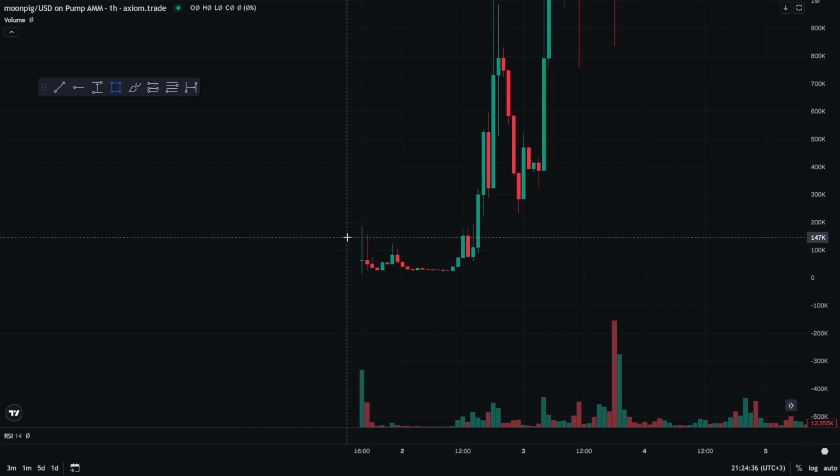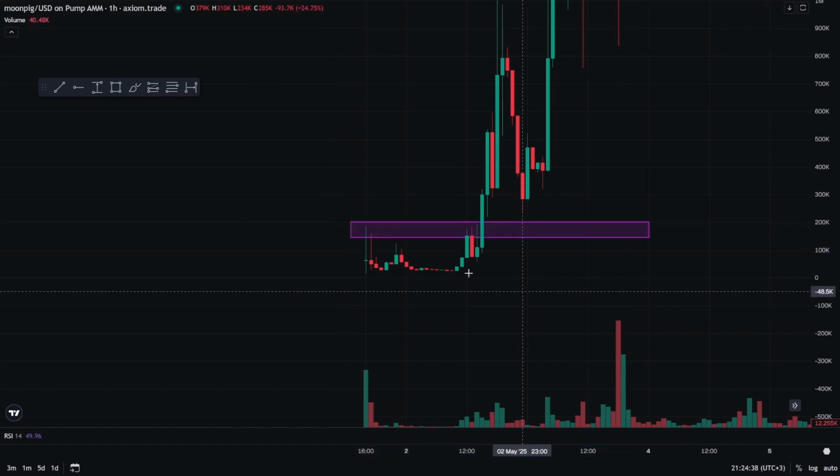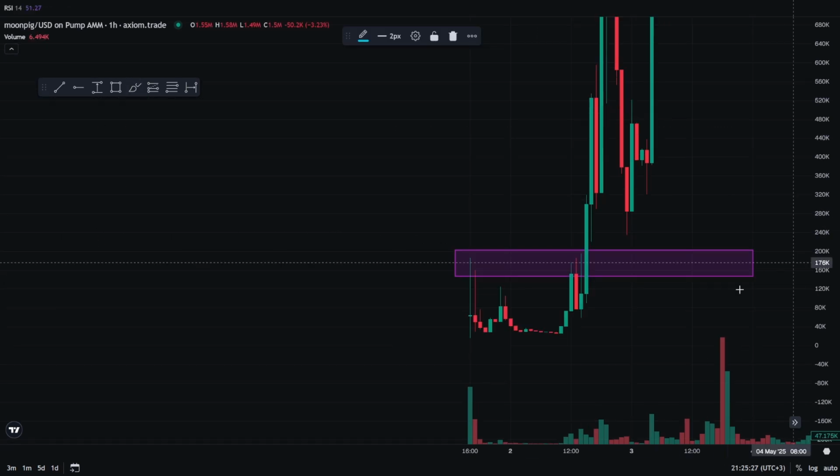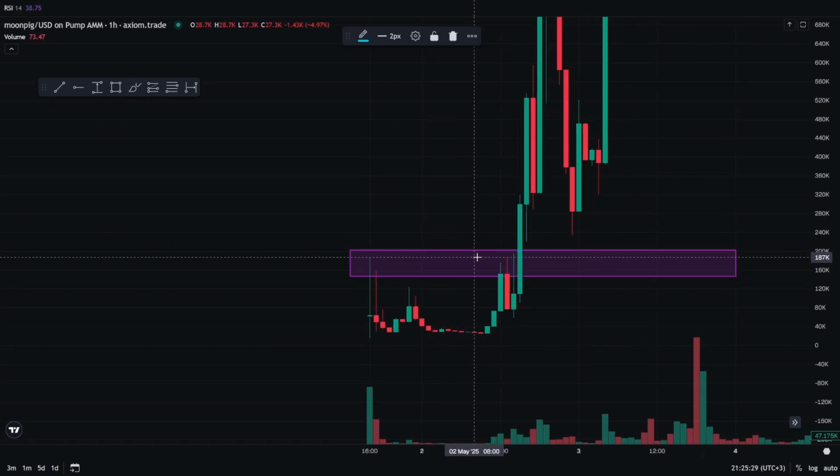Straight away we can see a support line right here, right? Resistance, my bad. What does a resistance line mean? A resistance line means everyone has take profits in that area, right? So if someone buys a coin here, then their take profit is at this level, the previous high, right?